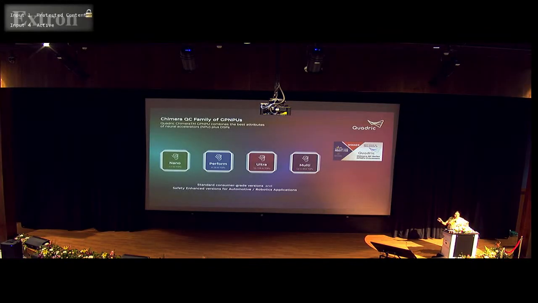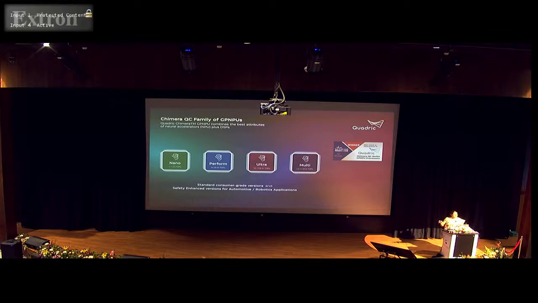We license our Chimera GPNPU, which is General Purpose Neural Processing Unit, to a wide range of silicon design teams around the world. Because our customers are in a diverse range of applications, we have different chipsets to cater to their needs.